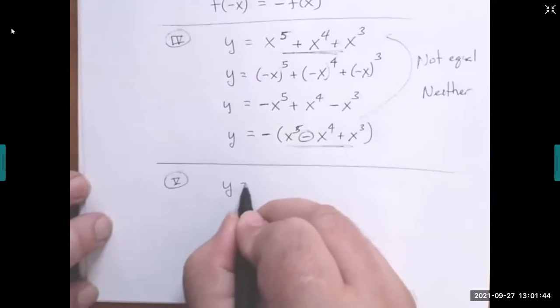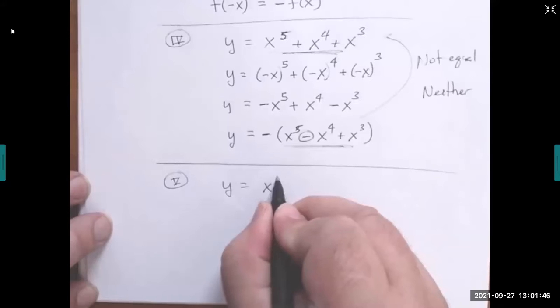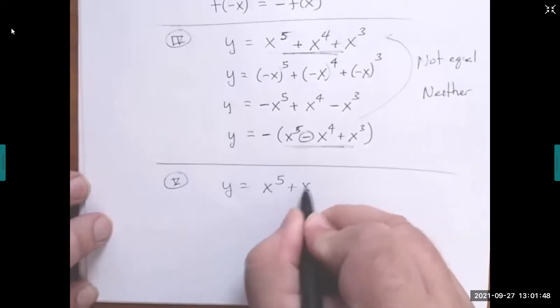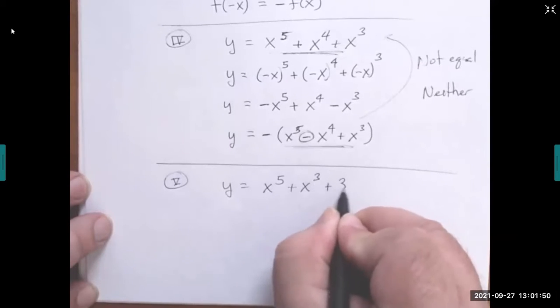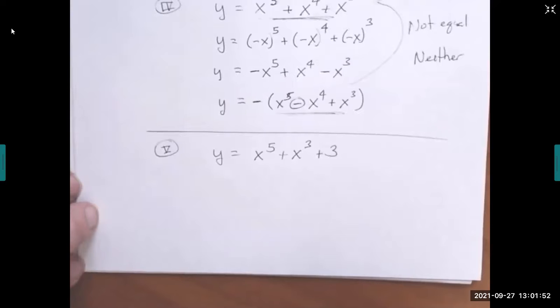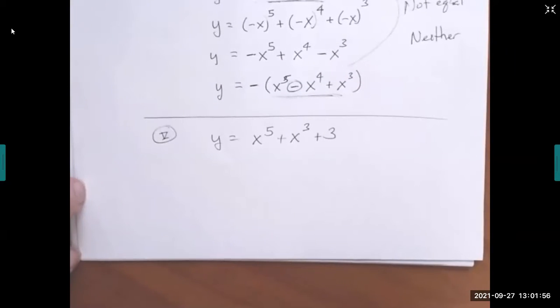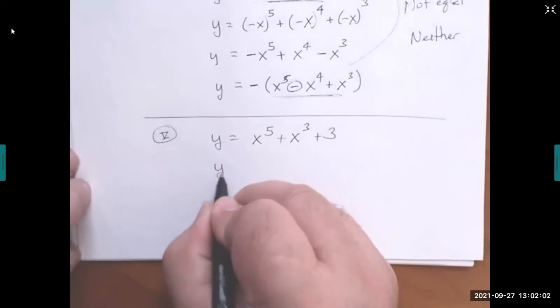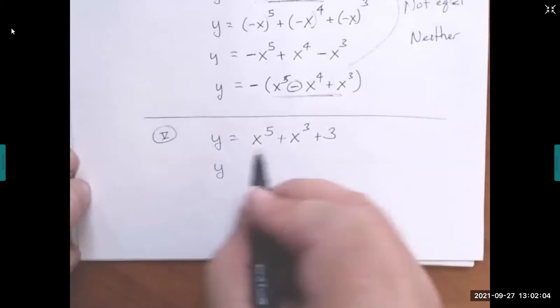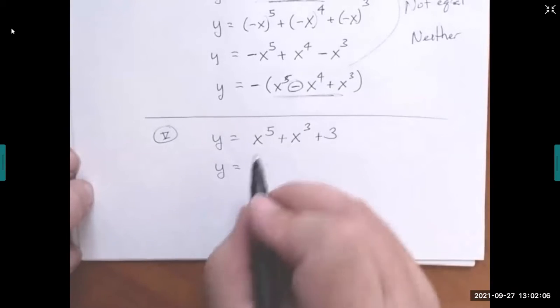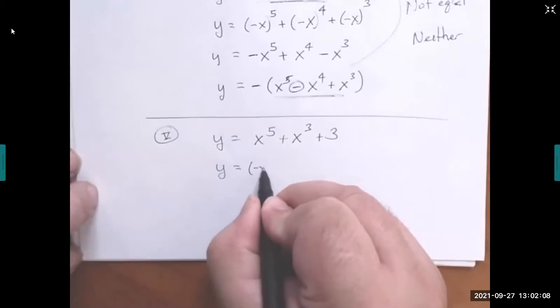And the last one. y equals x to the fifth plus x to the third plus 3. Change x.